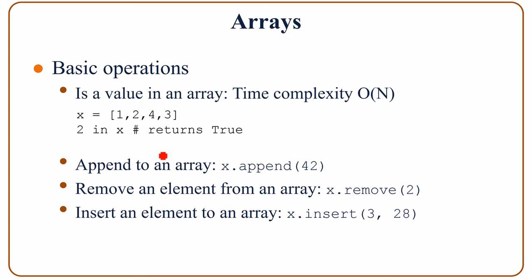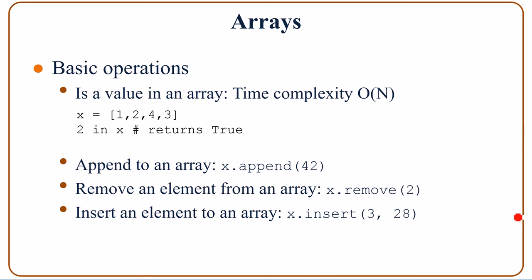If you want to append a value to an array, call the append method of the array x and give it the value you want to append to the end of the array. If you want to remove an element, call the remove method and give it the element. And if you want to insert an element, call the insert method and tell it where you want to insert and which value to insert.